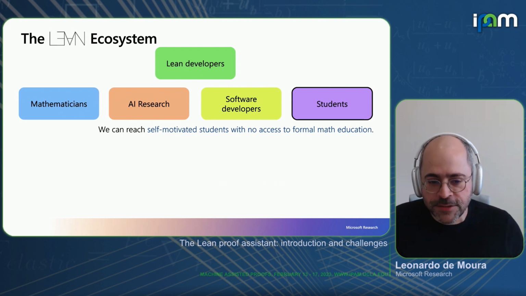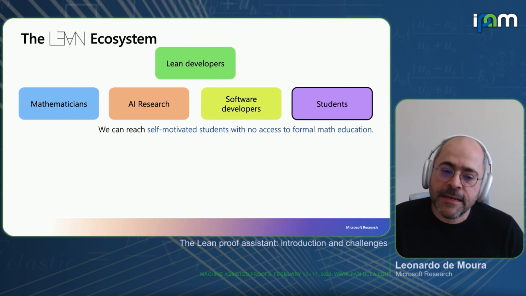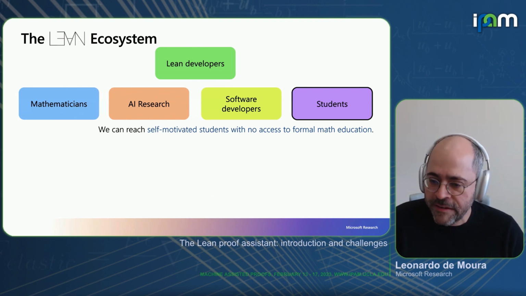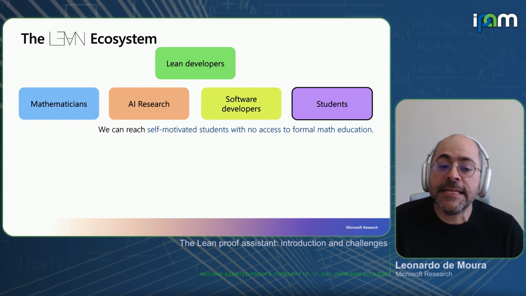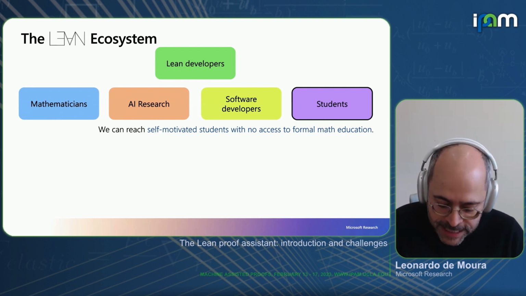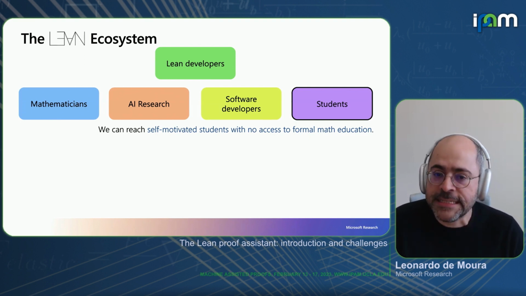And there are also students, right? We think self-motivated students with no formal access to math education can learn math, right? There are many smart kids without access to formal math education, and they can learn math by themselves using a system like that.